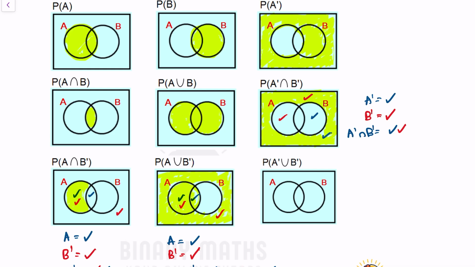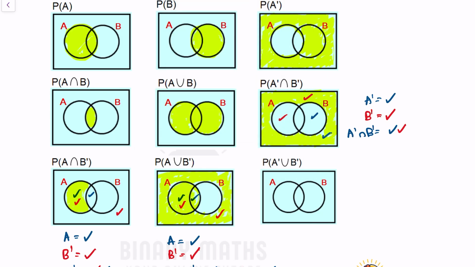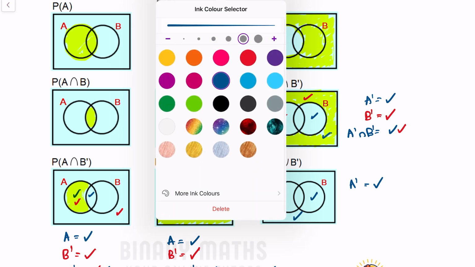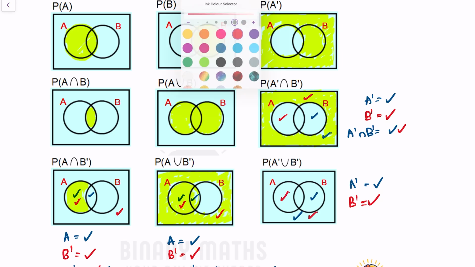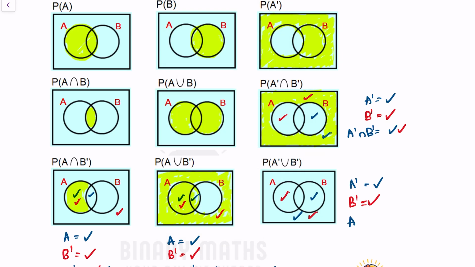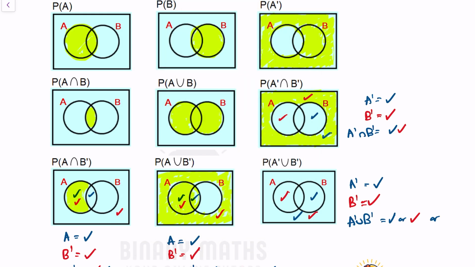Okay, let's go to the next one. So it's a union, so it doesn't matter as long as it gets a tick. So not A is equal to blue tick, not A is this part and that part. And then I need to do not B, which is this part and that part. So if I'm looking for not A union not B, it's anything that has one blue tick, one red tick, or both.